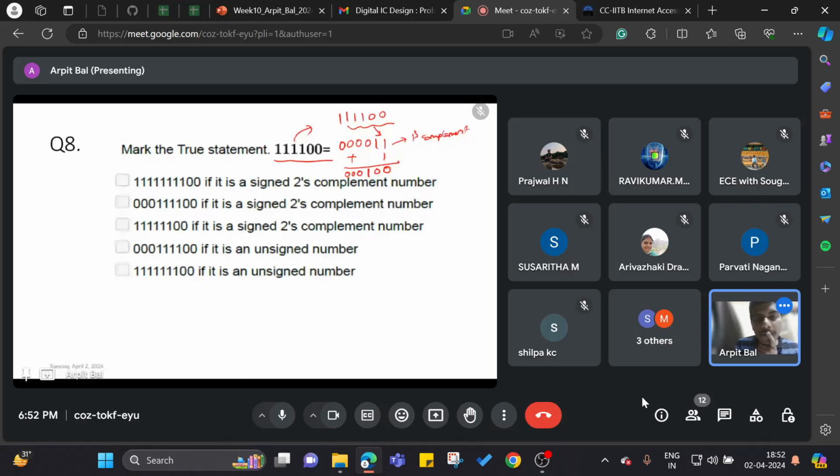Is this correct? Yeah, the value is correct, just the negative of that number. So it has to be sign extended in a way that 1 is being extended to the left.